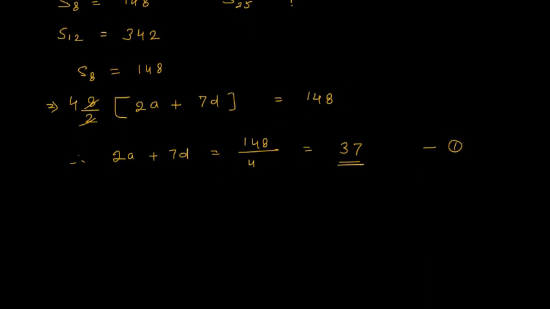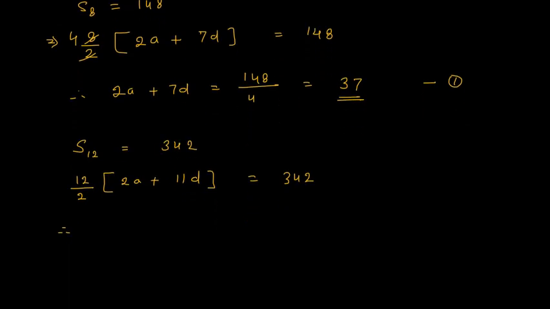And S12 is 342. So the formula for S12 is 12 divided by 2 into (2A plus 11D). It is 342. So therefore, 2 6s are 12, so 2a plus 11d is equal to 342 divided by 6.